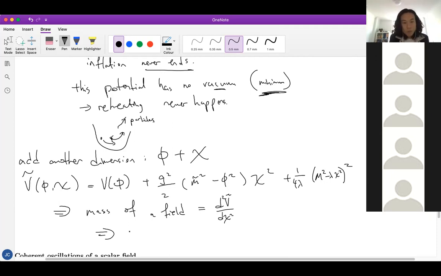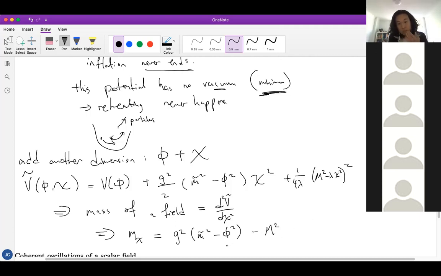But anyway, we can then ask what the mass of this chi field is, this additional dimension that we've added in. If you take the second derivative of this whole thing, then you end up with G squared times (M tilde squared minus phi squared) minus M squared.